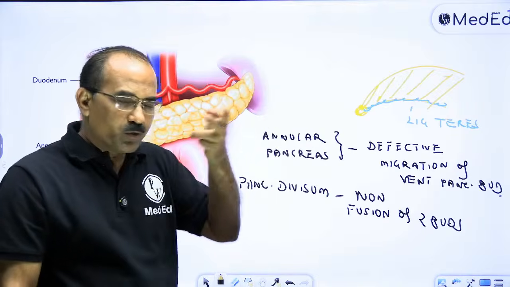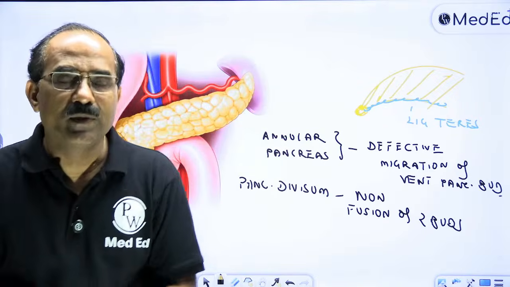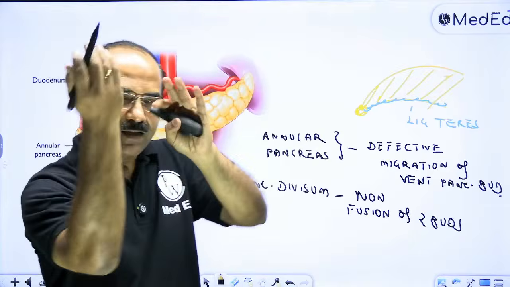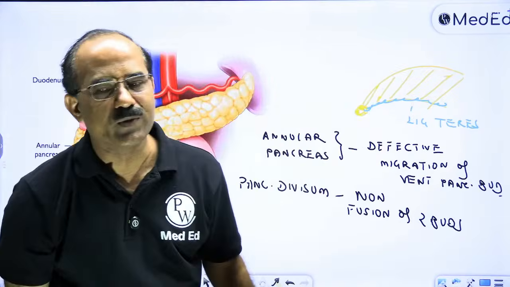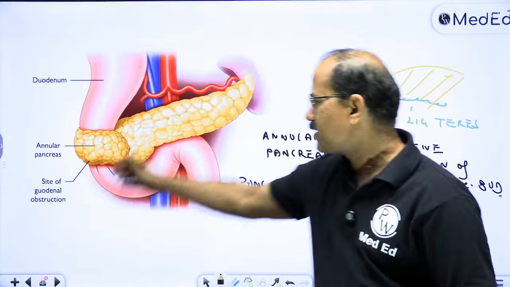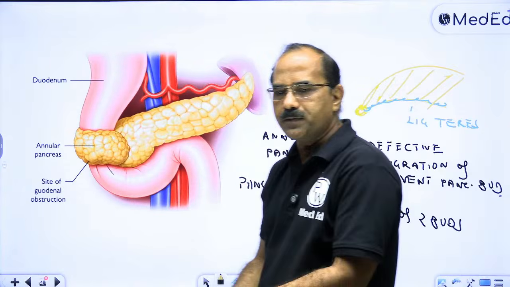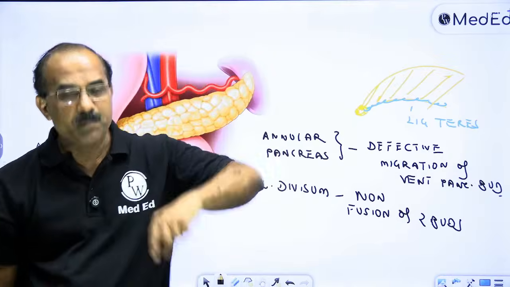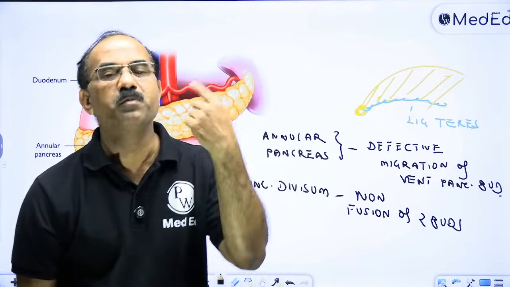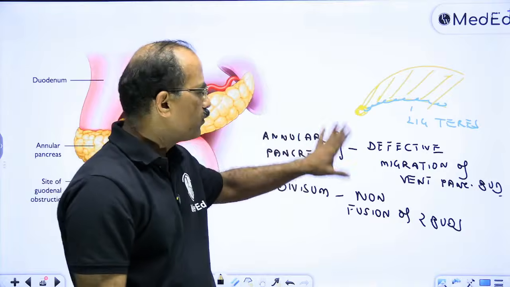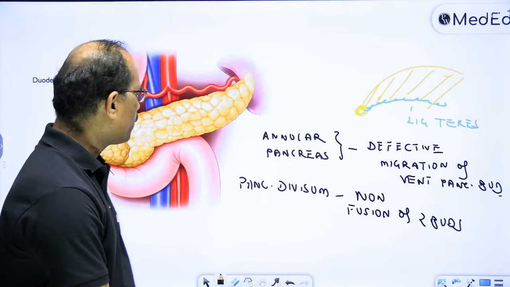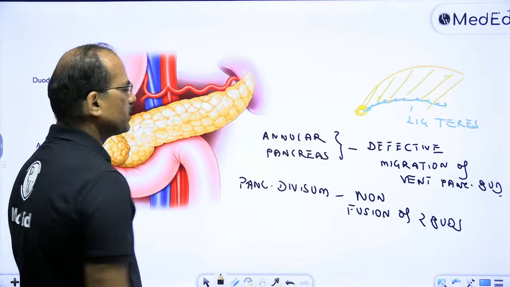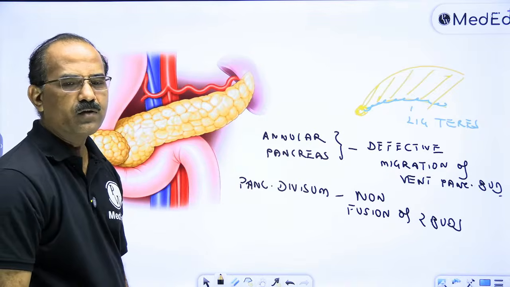And defective migration of the ventral pancreatic bud, मतलब half bud आगे से जाता है, half bud पीछे से जाता है. So this is going to encircle the duodenum, and this is what we call as annular pancreas. Non-fusion of two buds results in pancreatic divisum. ठीक है?